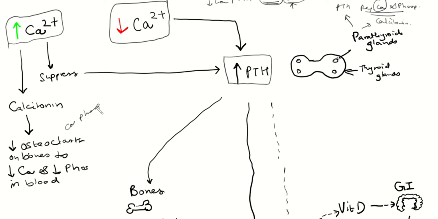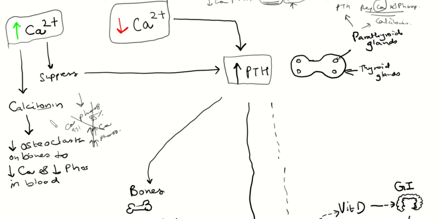Calcium and phosphorus, remember? 99% of calcium and 85% of phosphorus. So they release lots of calcium and lots of phosphorus in the blood. So if you have high calcium, calcitonin kicks in and says, I don't want you to break down any bone because I got a lot of calcium. I don't need no calcium. So calcitonin, tone down the calcium. That's what it does.